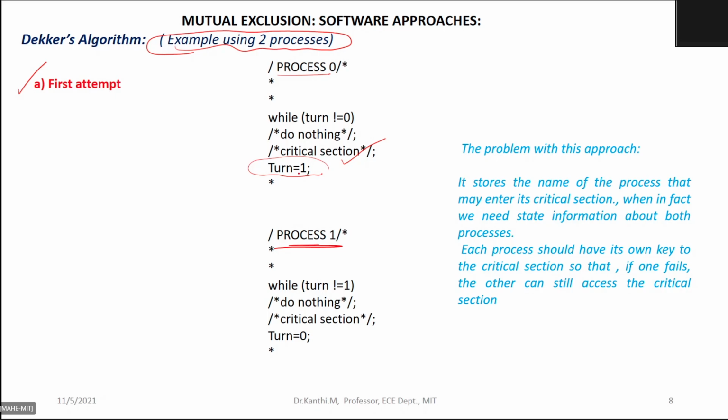Assuming it's multitasking or parallel processing, process 1 is checking whether it is its turn. If process 0 is already in the critical section, it cannot enter into the critical section. But if it is 1, then it can enter into the critical section. Once it finishes, it makes the turn equal to 0.